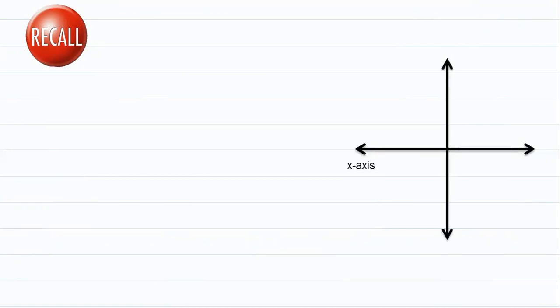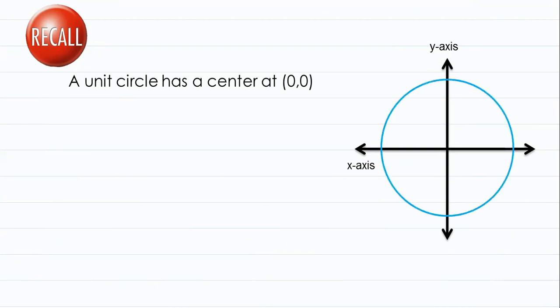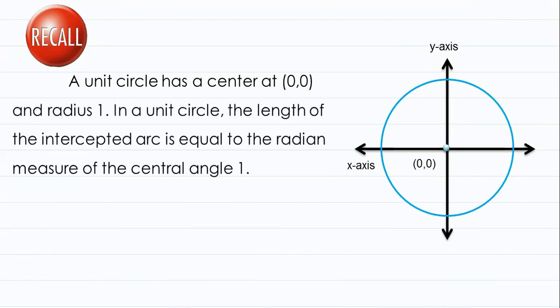So let us just recall our Cartesian plane having the x-axis and the y-axis. Also, let's recall a unit circle. A unit circle has a center at (0, 0). So we have there at the right side the figure and a radius of 1.